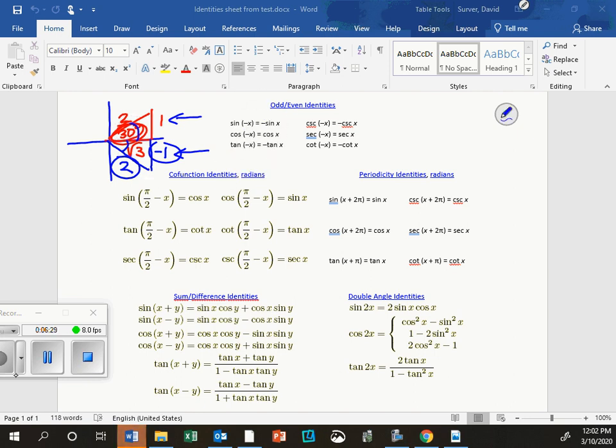A lot of times I don't write these out because I assume you know that the sister functions are going to act the same. So do you get that the only one that's different is the sister function of cosine? And so, again, same deal. There's negatives in every single spot except right there. All right. But you don't have to memorize these. I just wanted to show you why it worked.